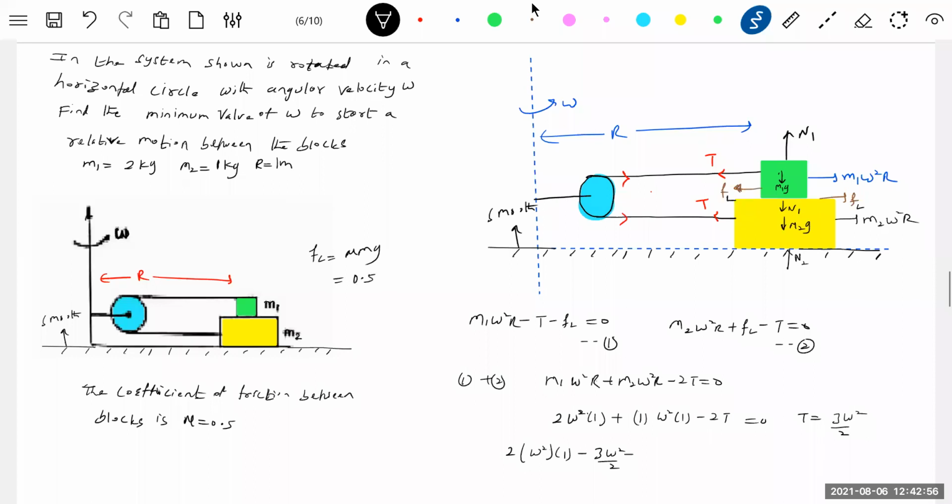Mu is 0.5, so mu m g is 0.5 into 2 into 10. This will be 10. Anybody got the value of omega? Root 20. 2 root 5. 2 root 5.